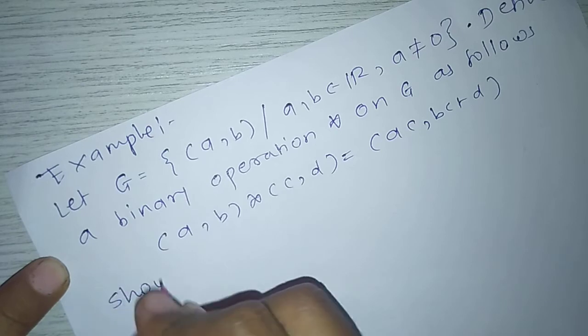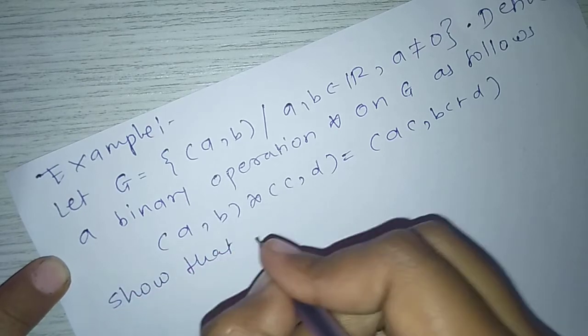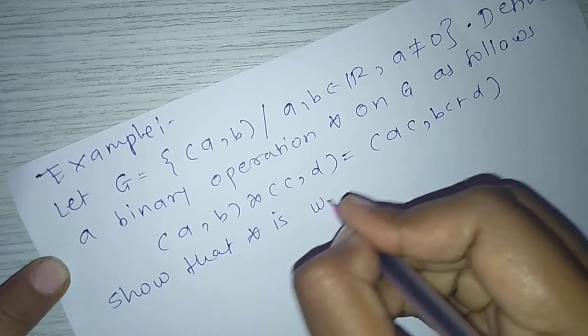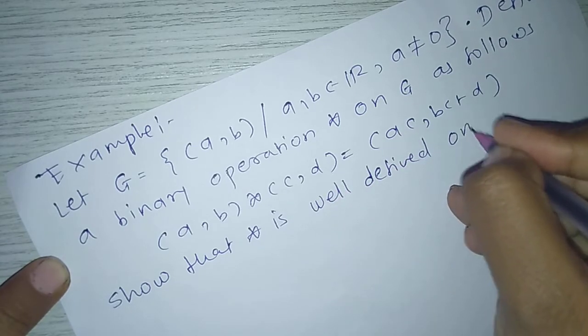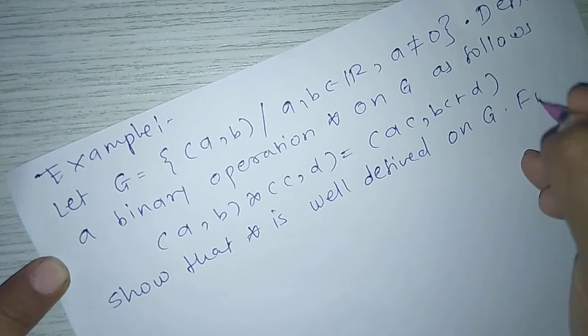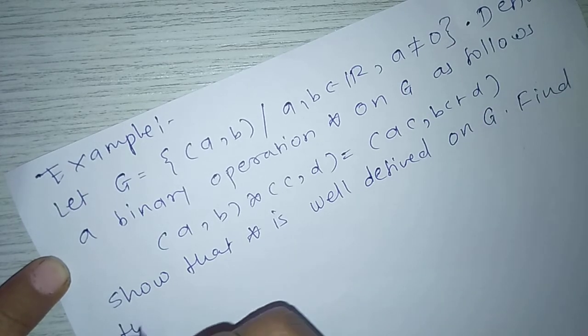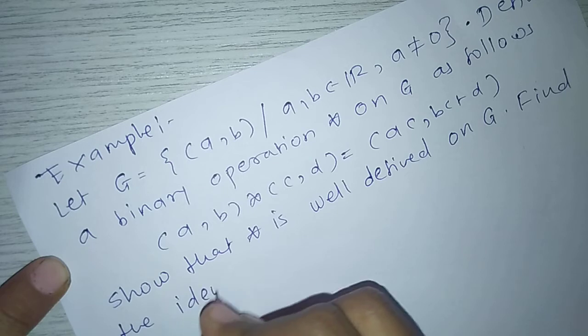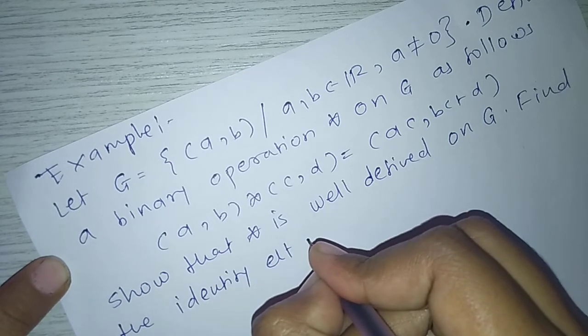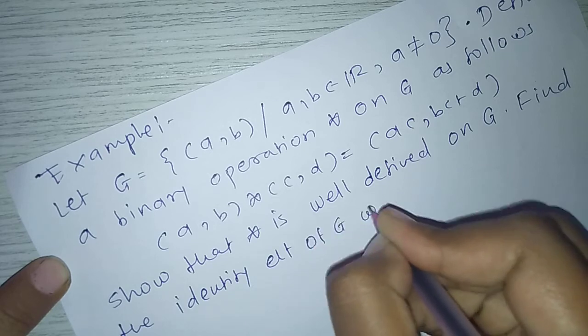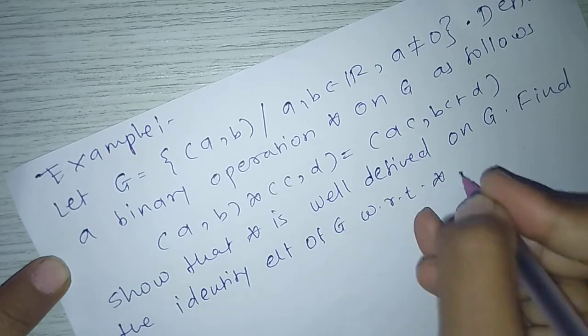Show that star is well defined on G. Also find the identity element of G with respect to star.